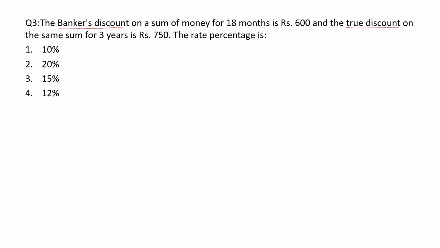But banker's discount does not depend on the time. Banker's discount is just the discount on the money. But true discount involves time also. So 18 months means banker's discount on the same money after 1.5 years is 600. However, true discount on the same money after 3 years is 750 rupees.